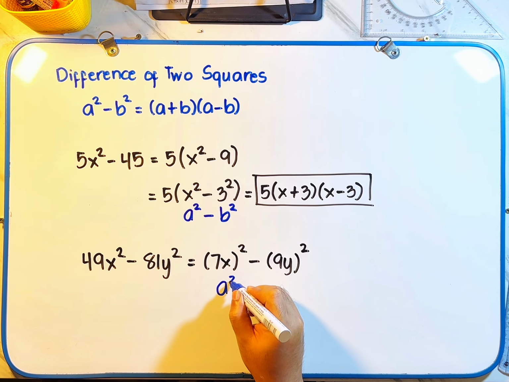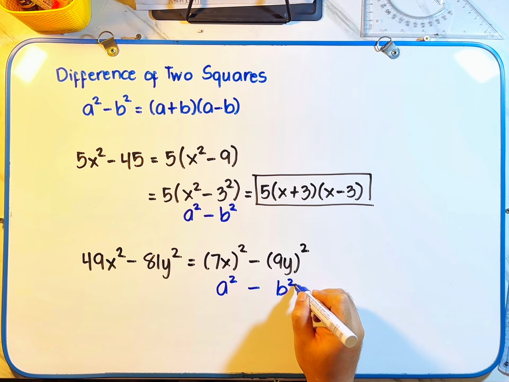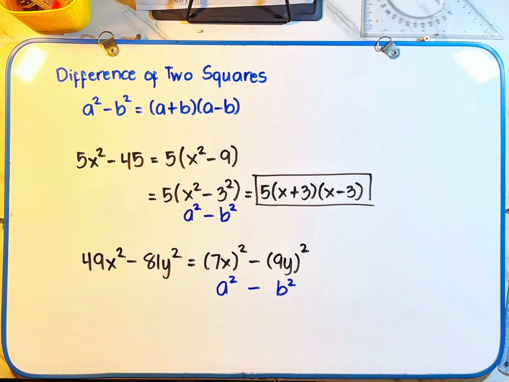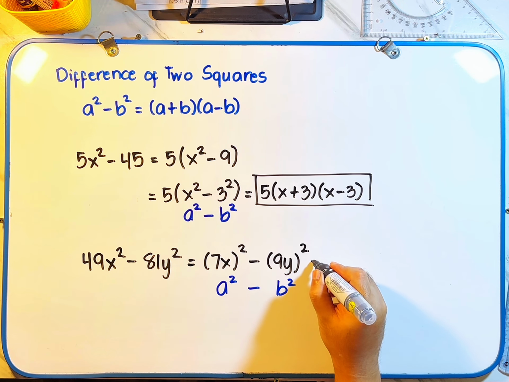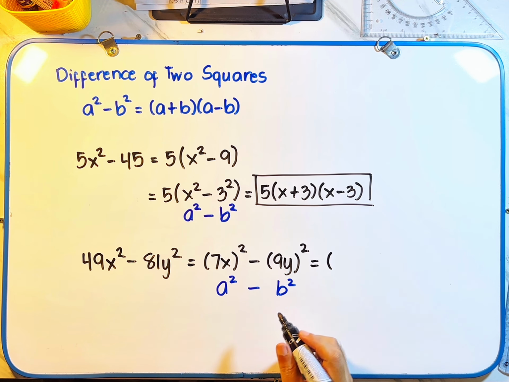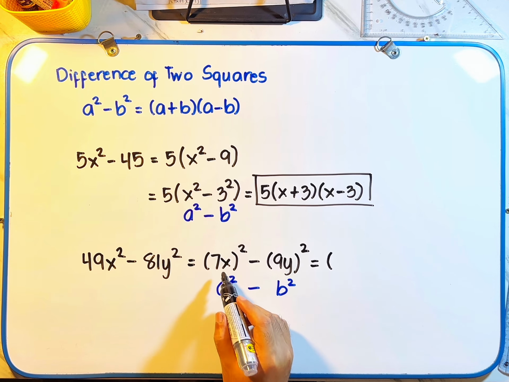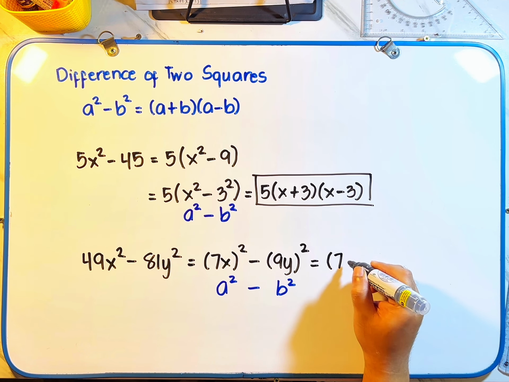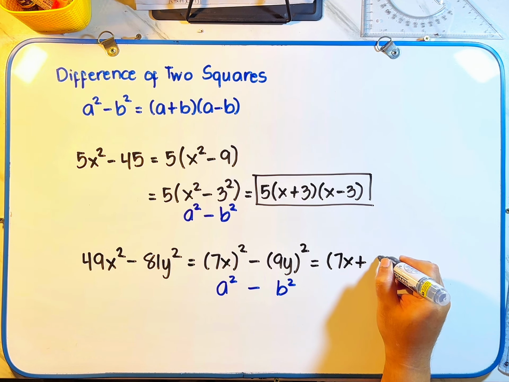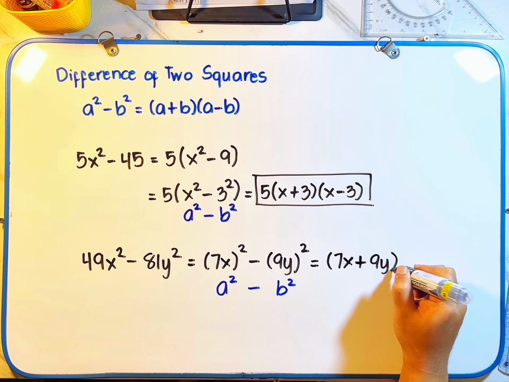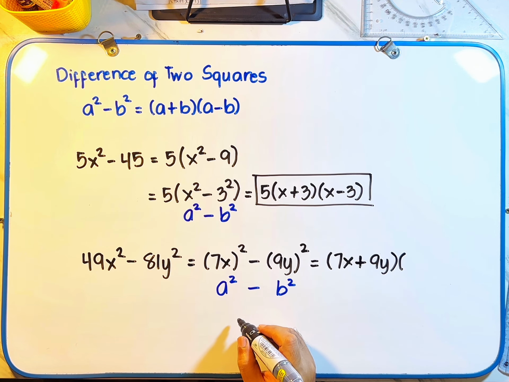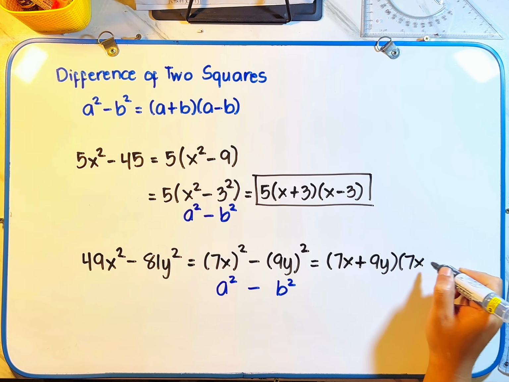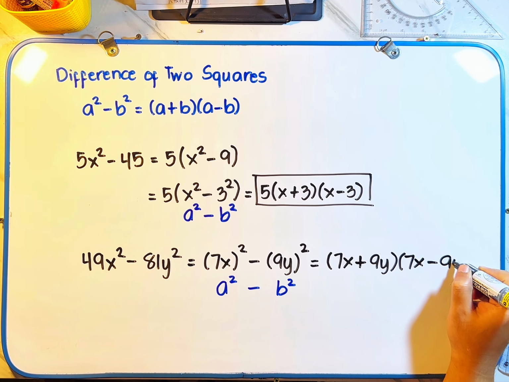So this is in the form of a squared minus b squared. And following the formula above, the factored form is equal to a plus b times a minus b. A is 7x, b is 9y. So a plus b, so 7x plus 9y, times a minus b, 7x minus 9y.